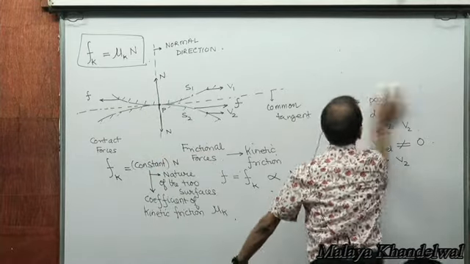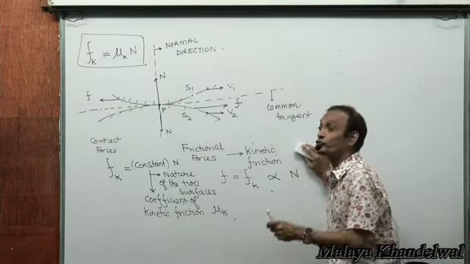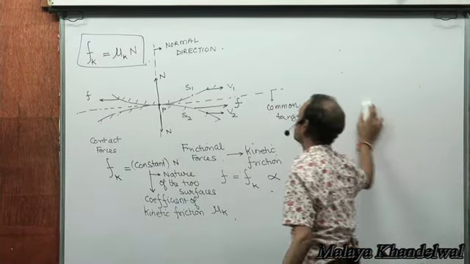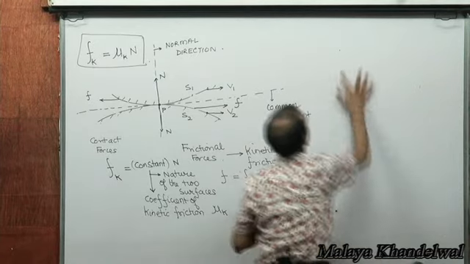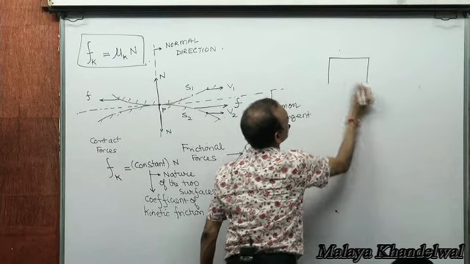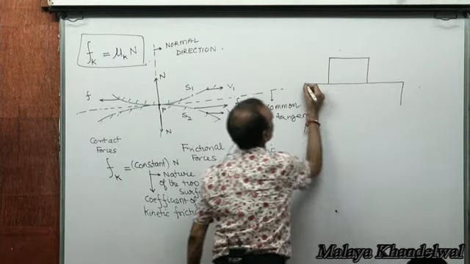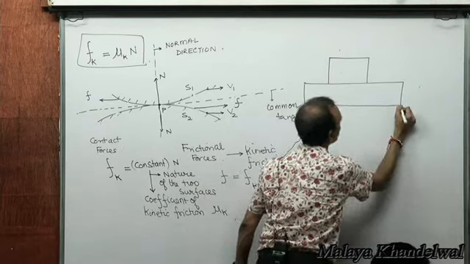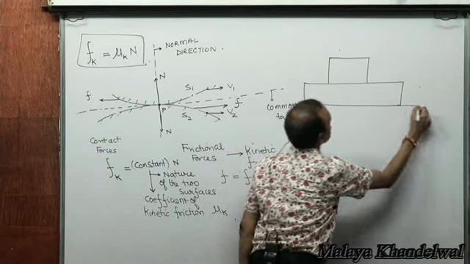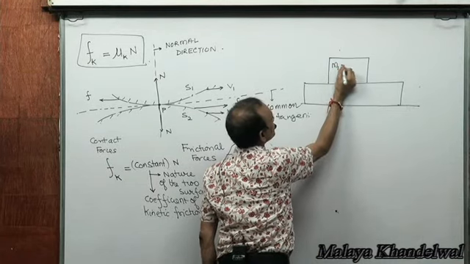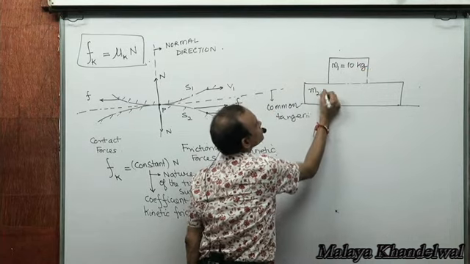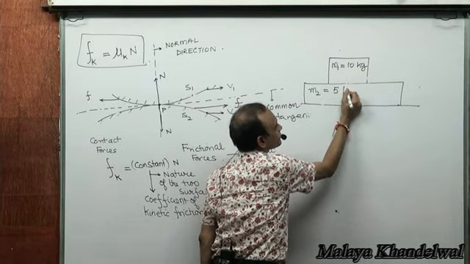Now, N would have to be computed from the data of the problem. Say, for example, we have a situation where there are two masses. Say this is mass m1 equal to 10 kgs and there is mass m2 equal to 5 kgs, say.